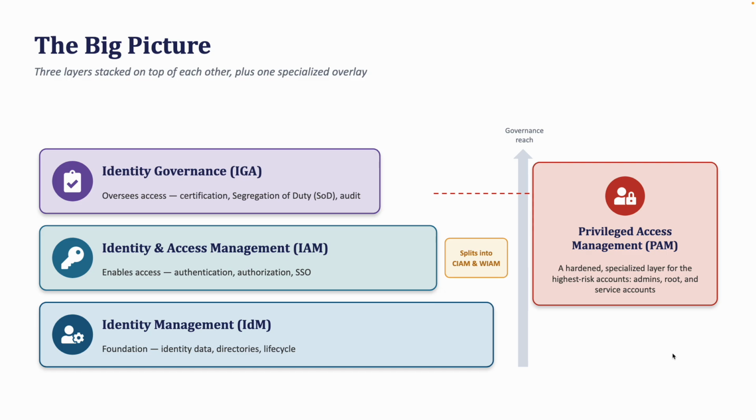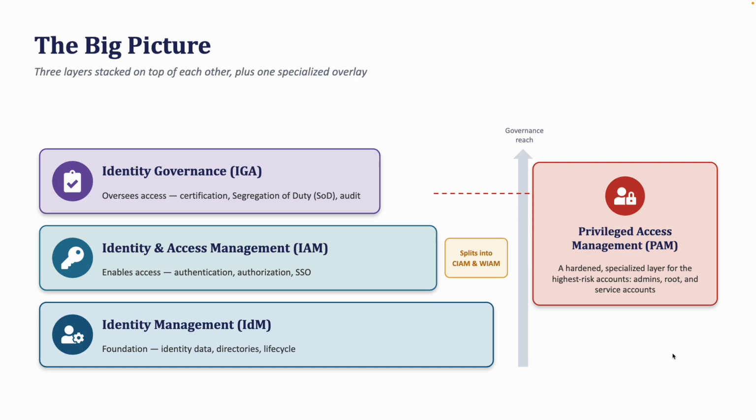But IAM, identity and access management, enables access, basically authentication, authorization, and single sign-on kinds of purposes. That domain is what you normally call IAM. Identity governance oversees the access, it does not enable the access, it oversees the access. It answers segregation of duty, it does auditing, all of that.